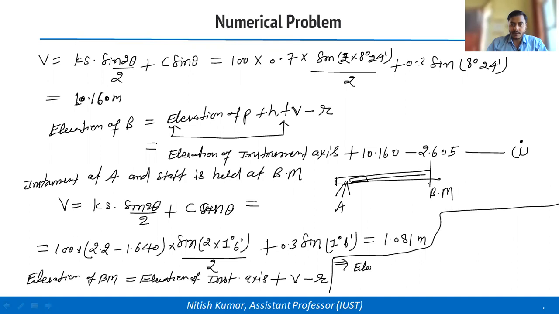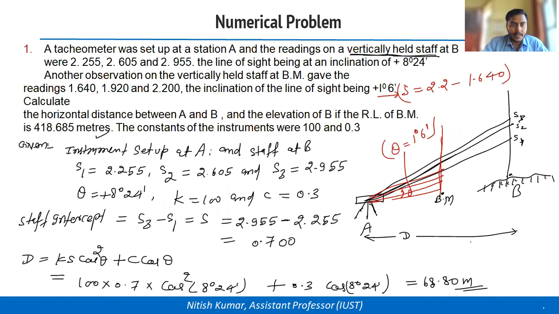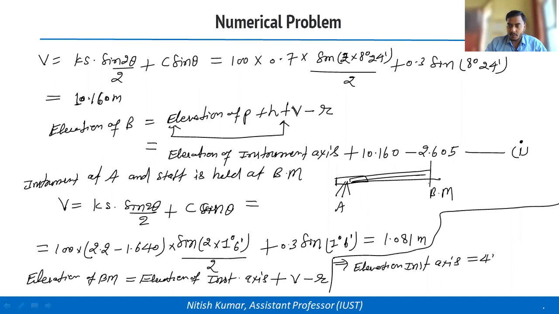So the elevation of instrument axis will be the elevation of benchmark, that is given. What is given? 418.685 minus V, that is 1.081, plus R. So what is R here?